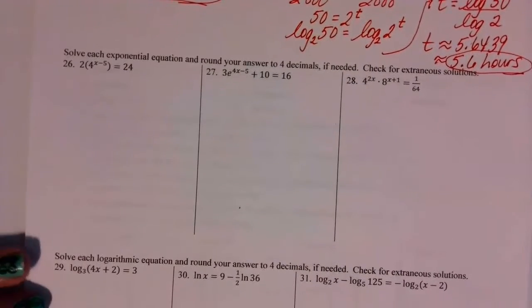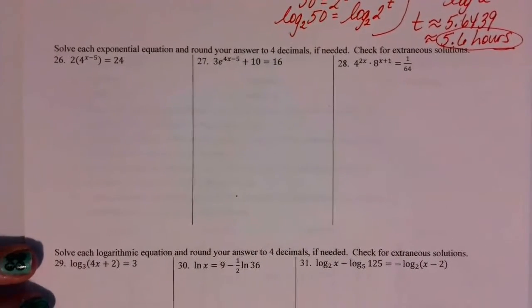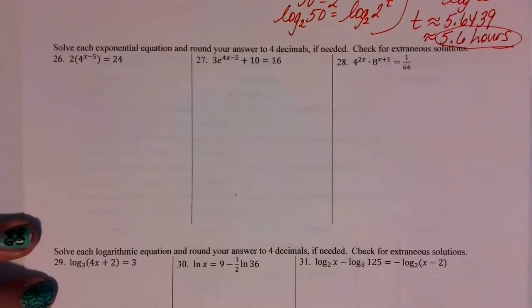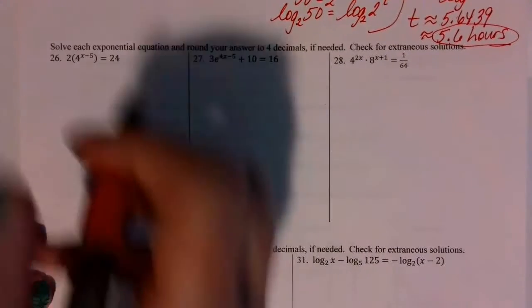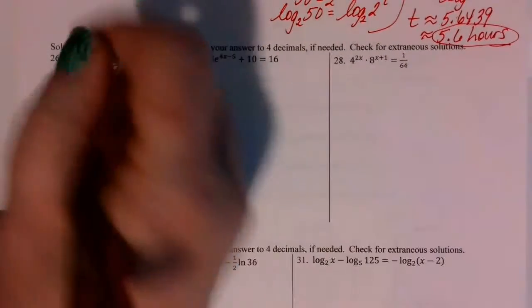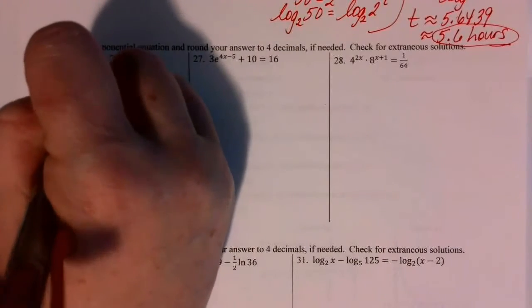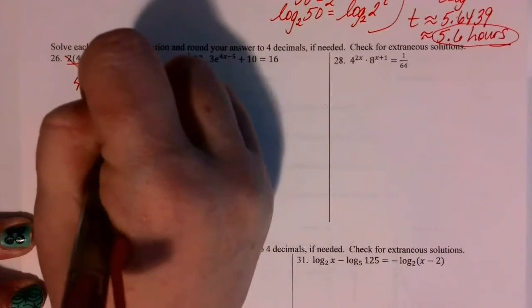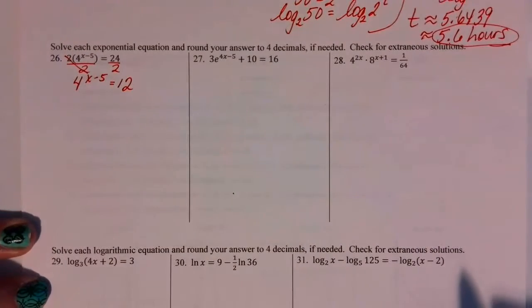Okay, number 26, we want to solve the exponential equation and round our answer to 4 decimal places. So we'll start by dividing both sides by that coefficient of 2, and we'll have 4 to the x minus 5 is equal to 12.